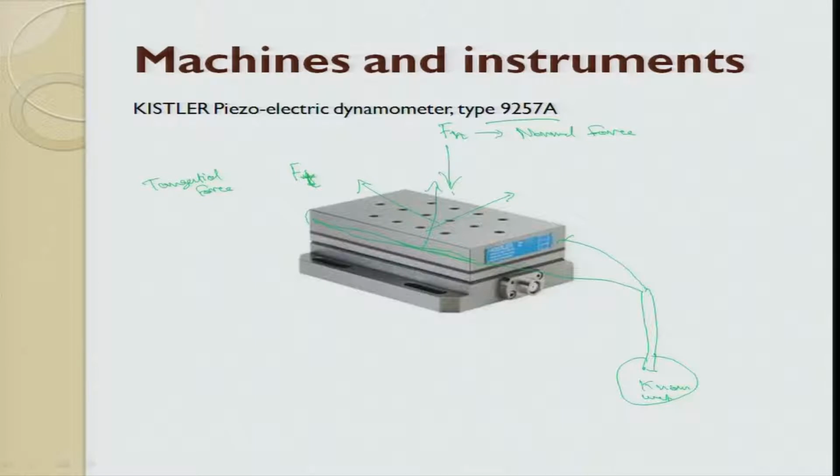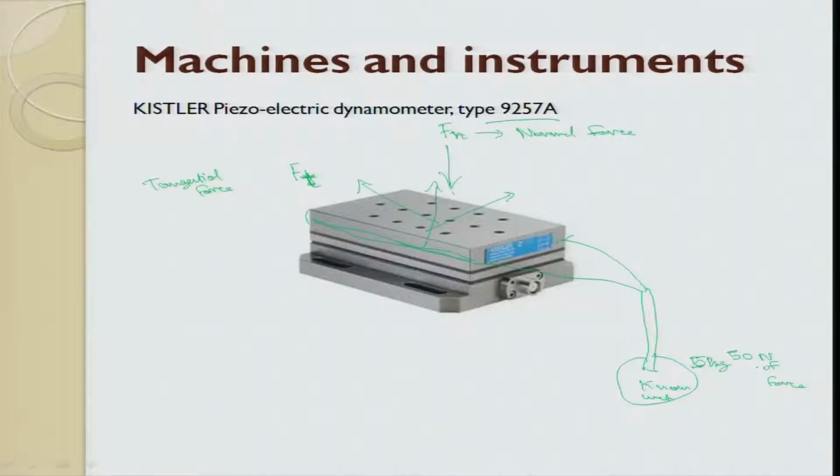Right, this weight pushes this machine, or I could say it pulls this machine. For example, if this weight is 5 kg, then we say 50 Newton of force, right? Now when we go to the lab, I will tell you that 1 Newton is converted to 1 volt. This force is translated into an electrical signal, and we have electrical output over there.